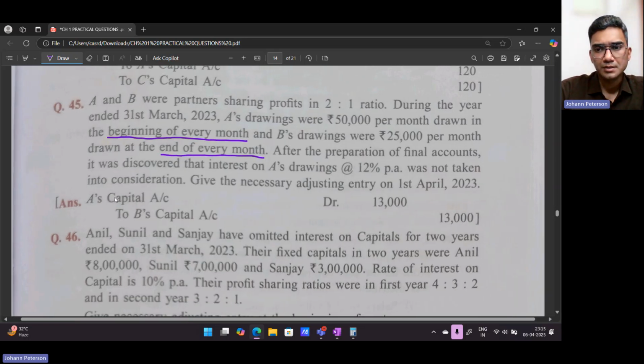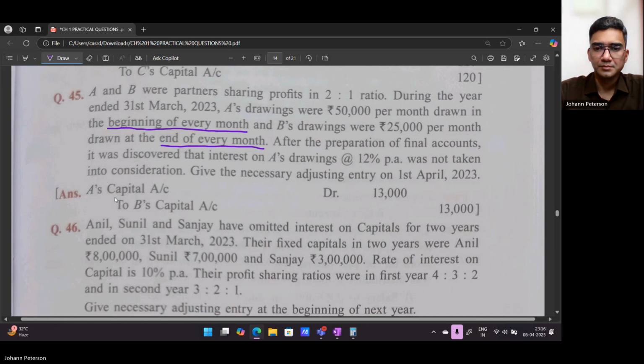It says 12% per annum. Yes. After the preparation of final accounts, it was discovered that interest on A's drawings at 12% per annum was not taken into consideration.